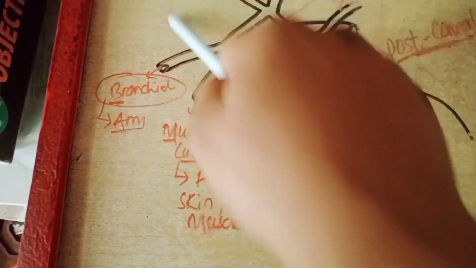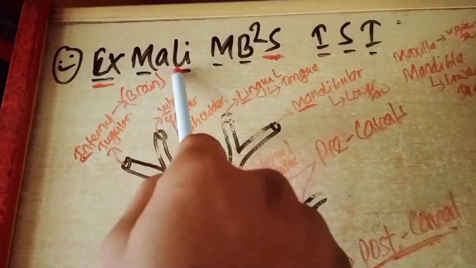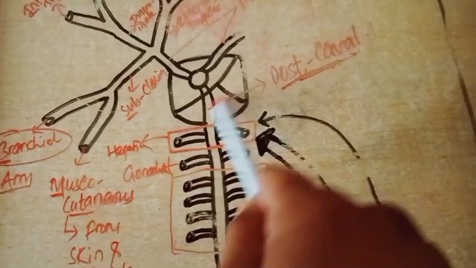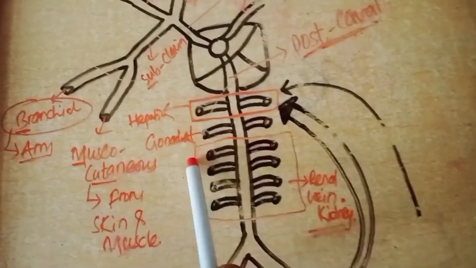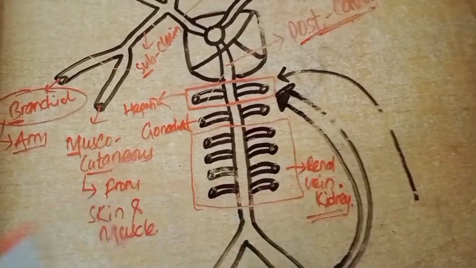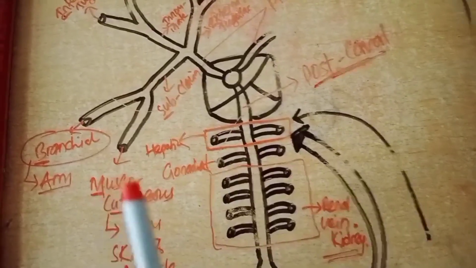The trick to remember all is X Mali MBBS ISI. And postcaval is easy: one hepatic, one gonadal, and four or five pairs of renal veins.